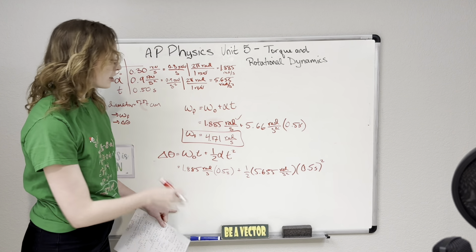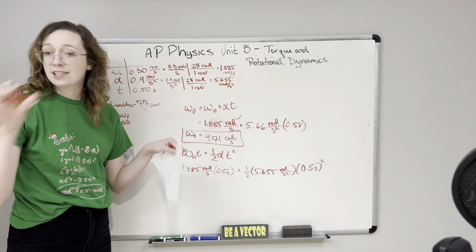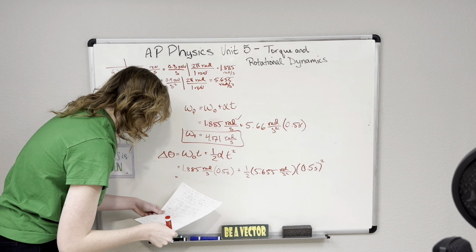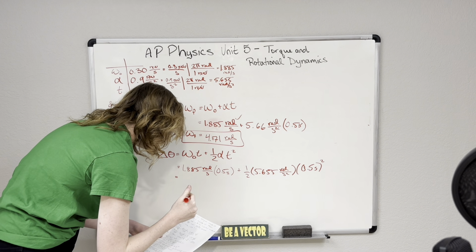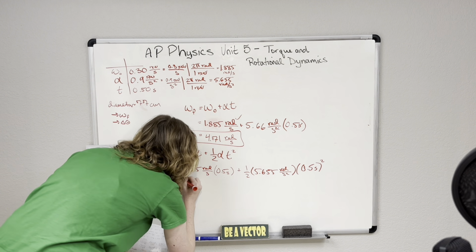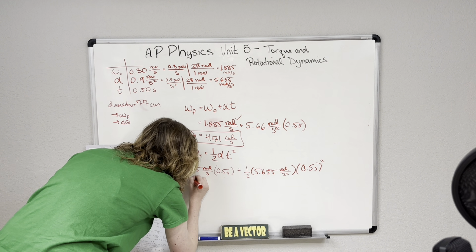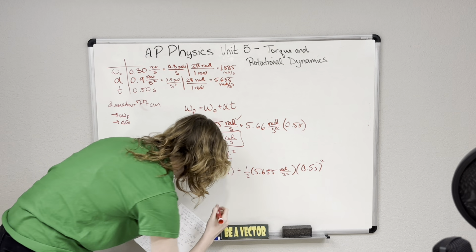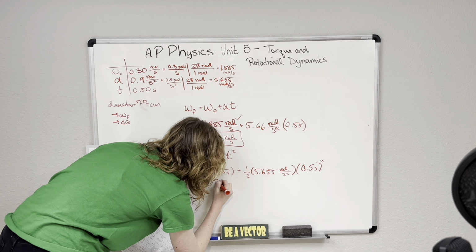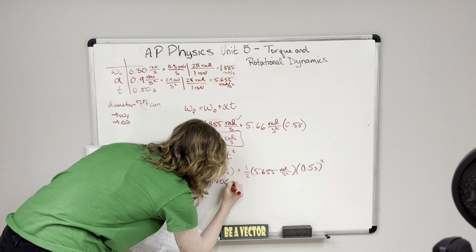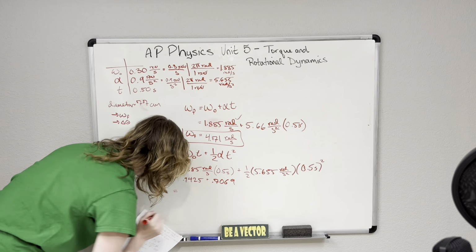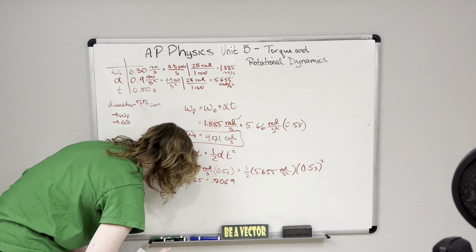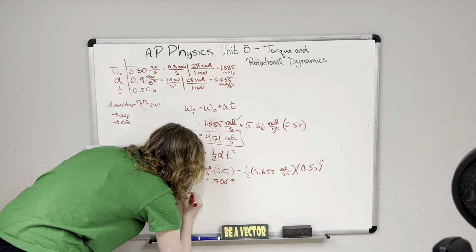Okay, but once we plug all of that into our calculator, just like we know how to do very well, we end up finding that our delta theta is equal to, this first term becomes 0.9425, this second term here becomes 0.7069, and then I add those together and we end up getting that our delta theta is equal to 1.65.